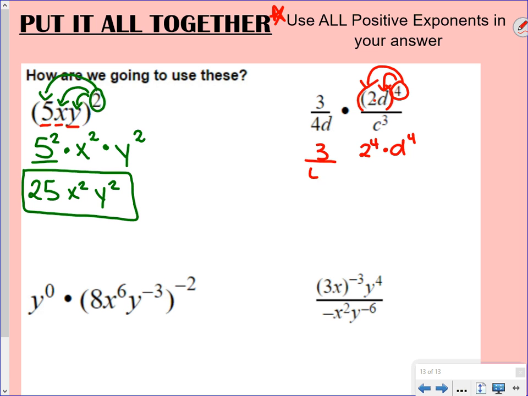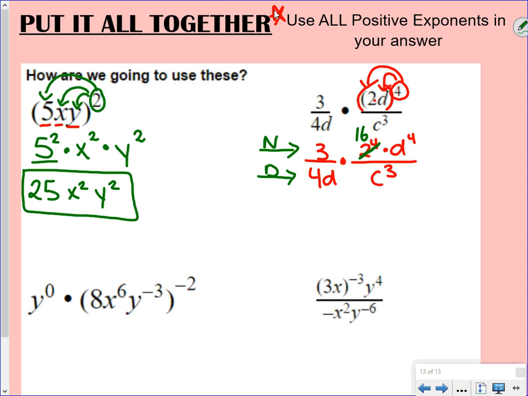I'm going to rewrite the rest of the expression down. If we look here, we can simplify 2 to the power of 4. That's 2 times 2 times 2 times 2, which is 16. When we multiply fractions, we multiply the numerator and we multiply the denominator.